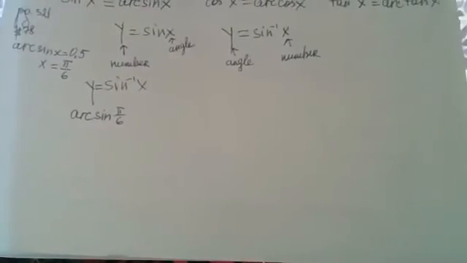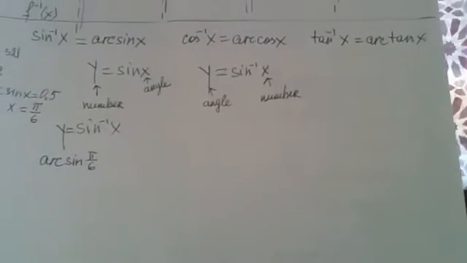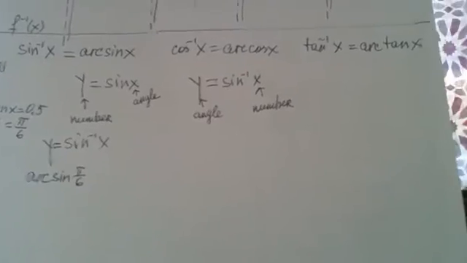So practically, if we talk about problem number 78, we can write it in this way. Arc sine of pi over 6. Even though under the symbol of arc sine I have pi over 6, which looks like an angle, you cannot treat this as an angle.